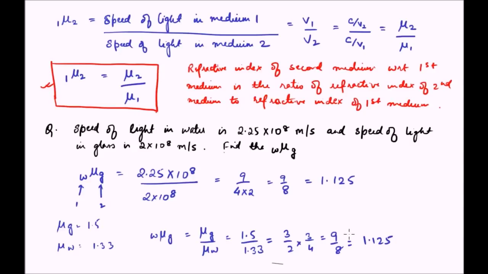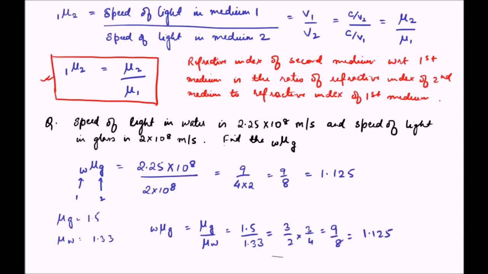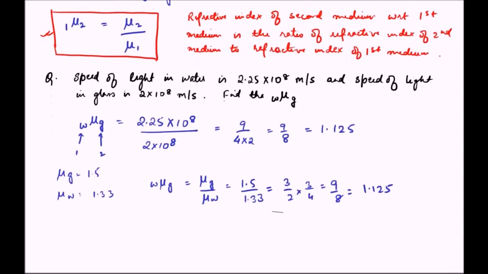This has to be so because mu of 2 with respect to 1 means what? Mu of 2 with respect to 1 is the speed in medium 1 upon speed in 2, and mu of 1 with respect to 2 is speed in 2 upon speed in 1.